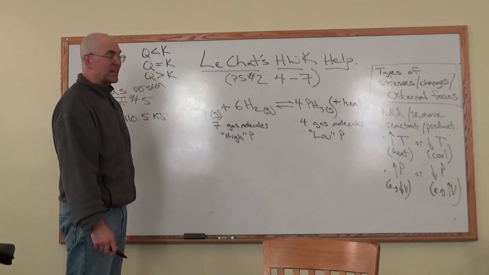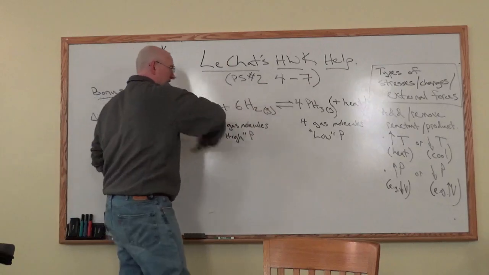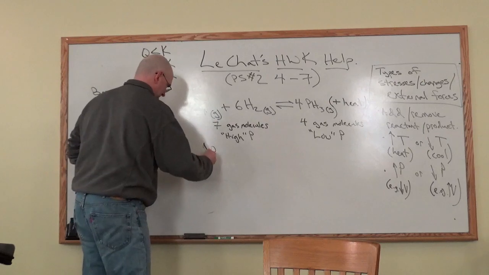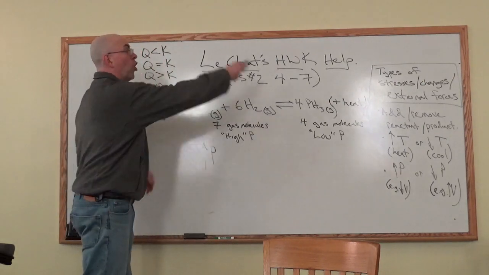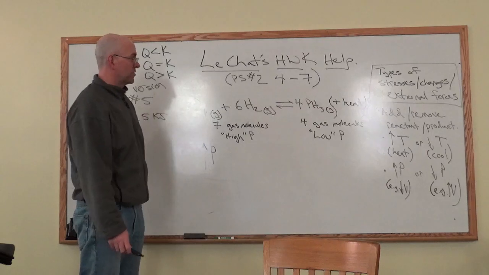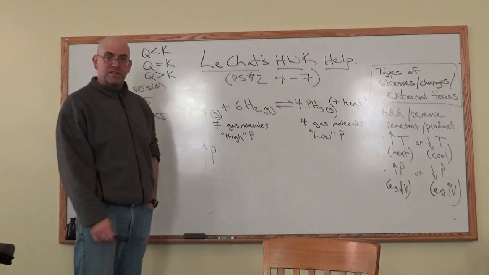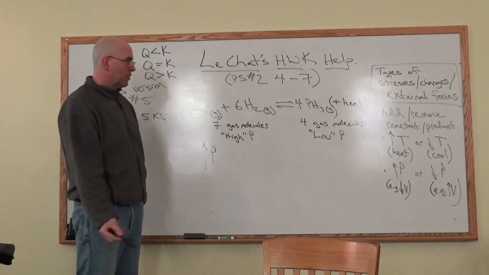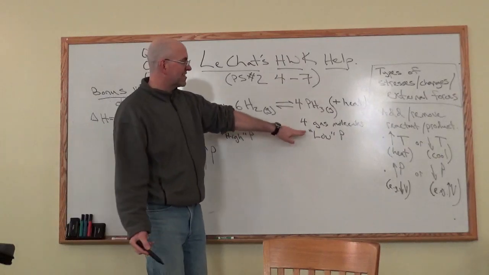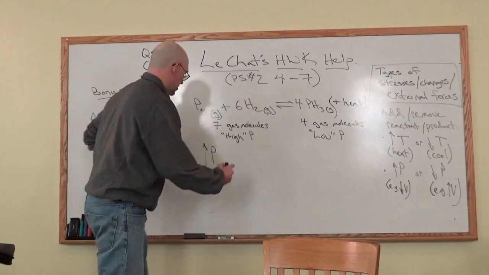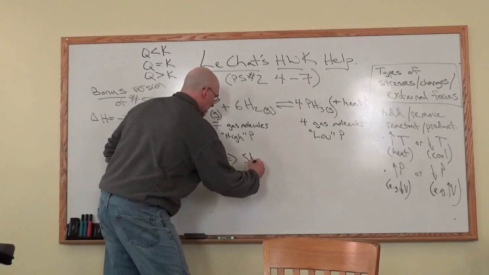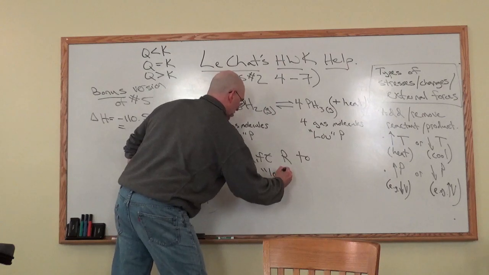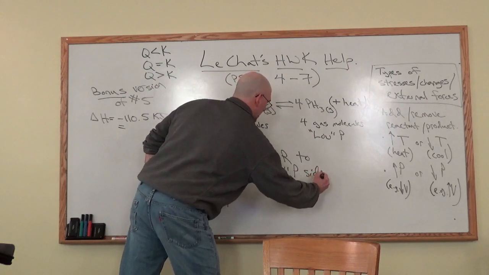Well, if I increase the pressure on this system, this whole system here, and the pressure goes up on the whole thing, Le Chatelier's principle says that the equilibrium is going to shift so that the pressure goes down to counterbalance that. Well, what does that mean? Well, that means it's going to go to the side of the reaction that has lower pressure. So this is going to be a shift right to the low pressure side of the reaction.